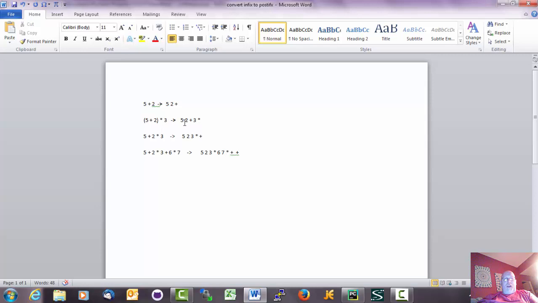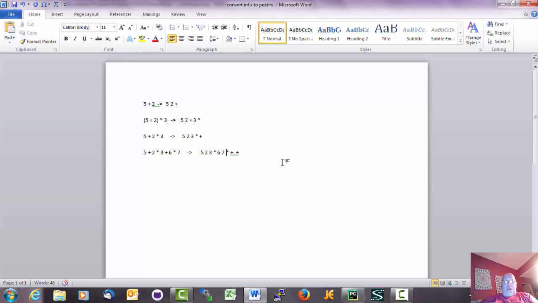With postfix notation, the way you group things together is you put operations after them. The last thing I want to notice is that the numbers never change order. So the 5, then a 2, 5, then a 2, 5, 2, 3, and so on. The numbers in the postfix expression are in the same order as the infix. What might change order is the operators.